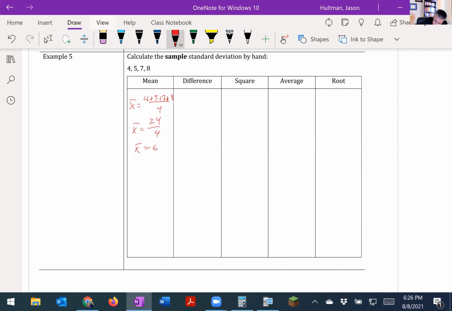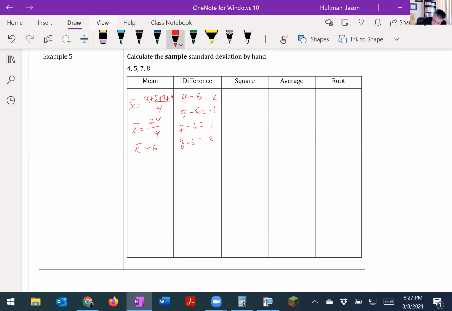So let's find the differences: 4 minus 6, 5 minus 6, 7 minus 6, and 8 minus 6. This is going to be -2, -1, 1, and 2. That's nice.